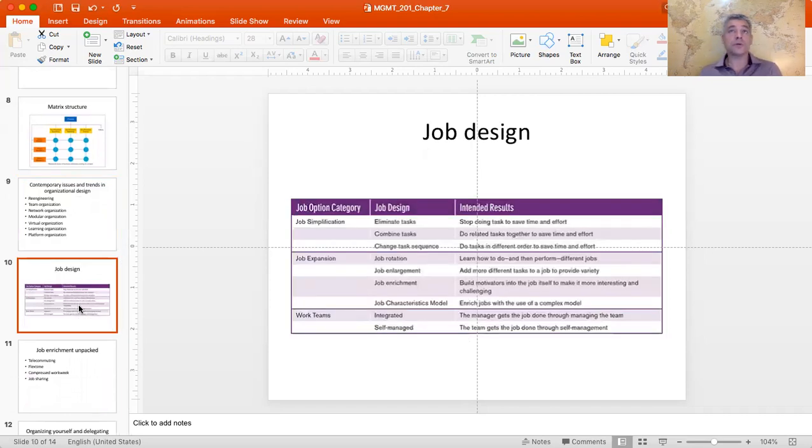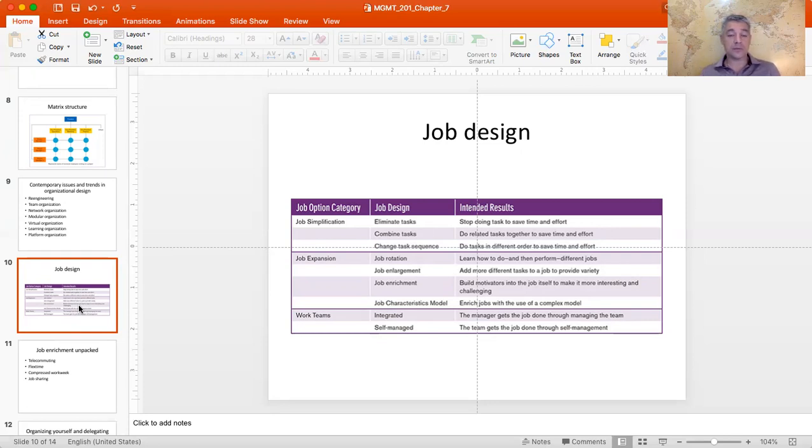And so now we talked about how all those different activities could be organized within an organization, how the tasks could be grouped, how departments, divisions may be conceptualized. Another big question is how are specific jobs designed so that the structure that you put together can actually operate effectively?